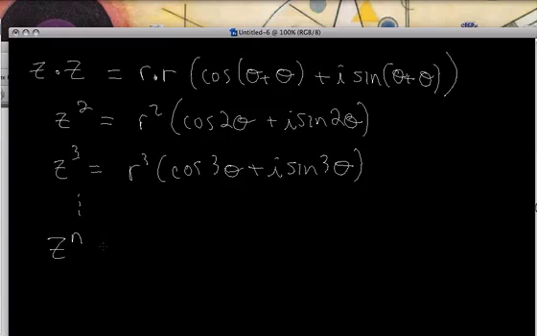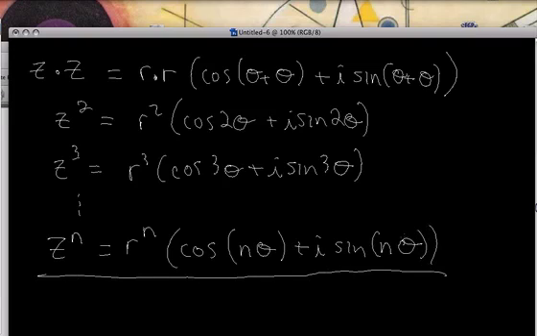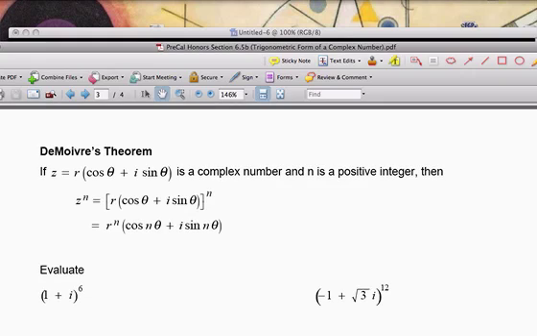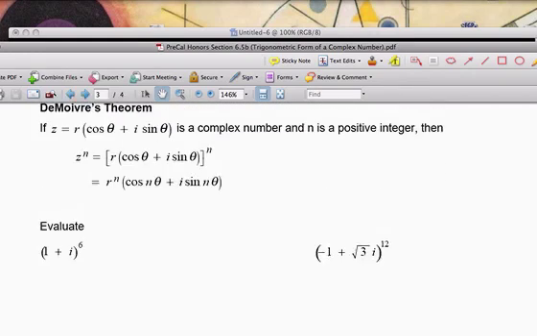Z to the nth power, it's easy to see the pattern. R to the nth times cosine of n theta plus I times sine of n theta. So there you go. That's the final theorem we're looking at. And we're going to use that to do these two examples.